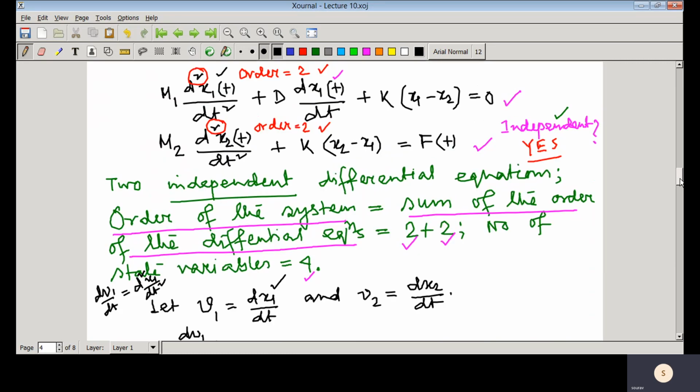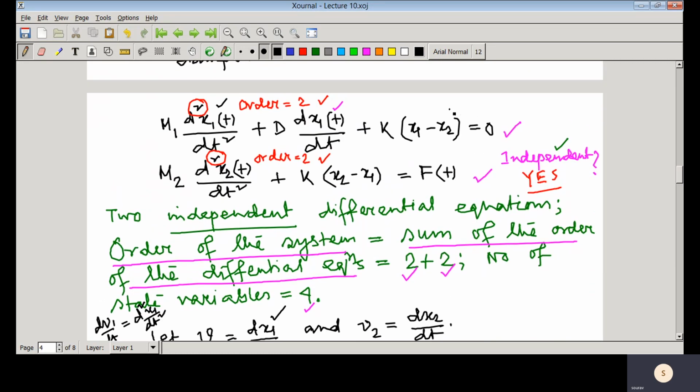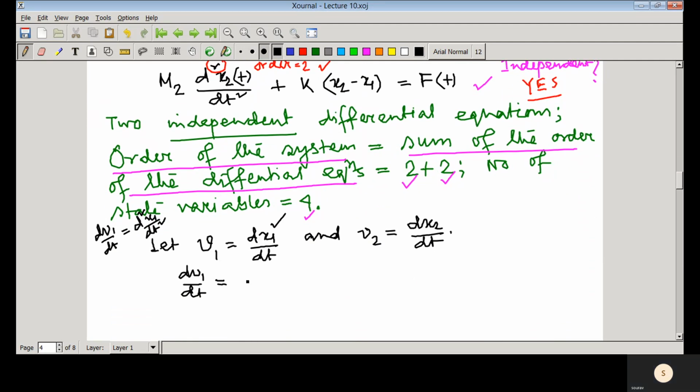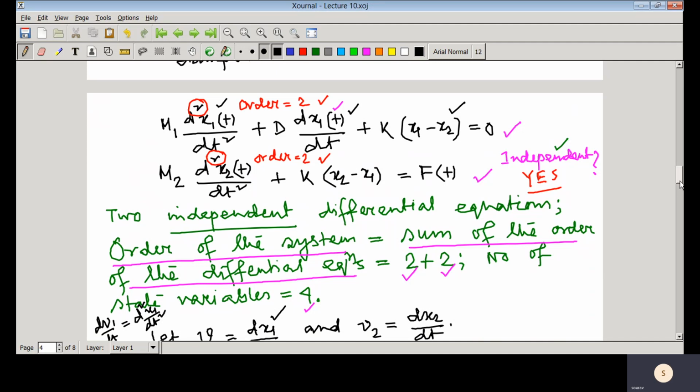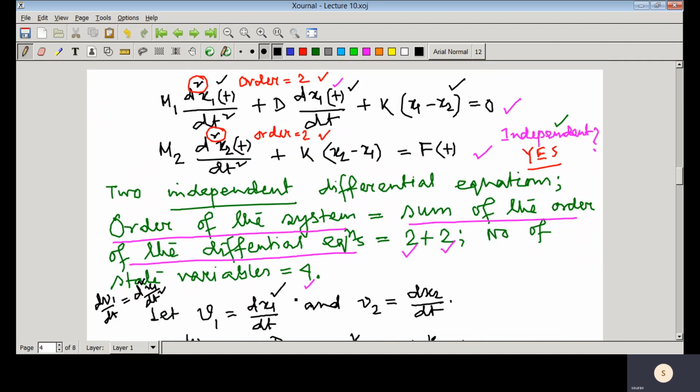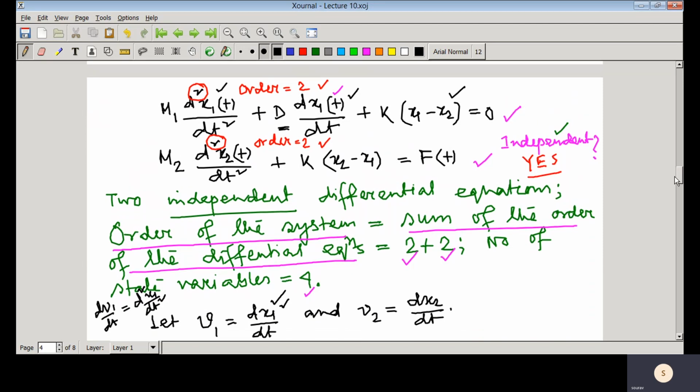Divide this whole differential equation by m1. You will get minus d by m1 v1, then k by m1 x1 plus k by m1 x2. Here you can see that dx1 by dt, already we have defined, is equal to v1, and if you take it on the right hand side, that would be minus d v1.